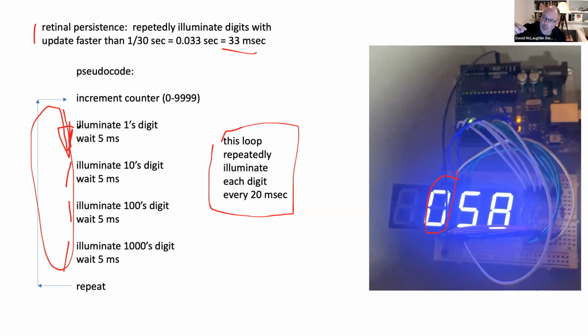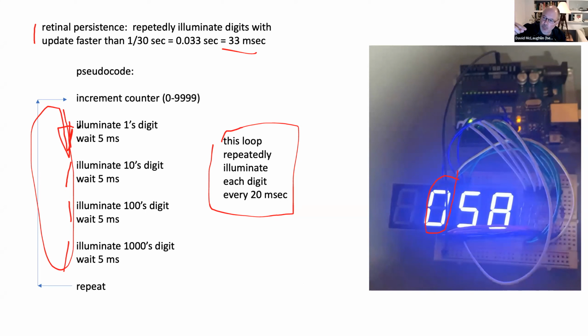Let me show you the examples. Here's one where it's counting pretty slow. That's 9. This is an overall delay of 1,000. Obviously it would take a long time to count all the way up to 9999. On the right, this one is just a little faster.